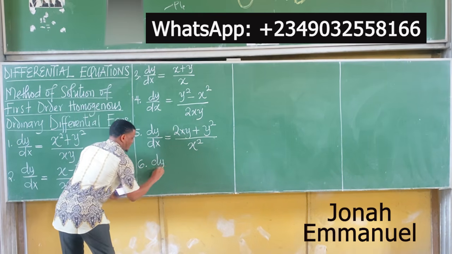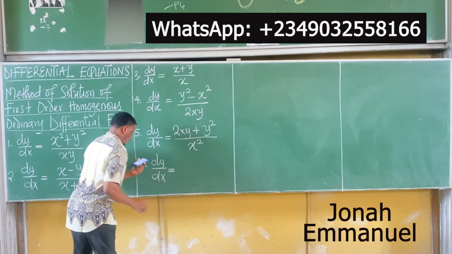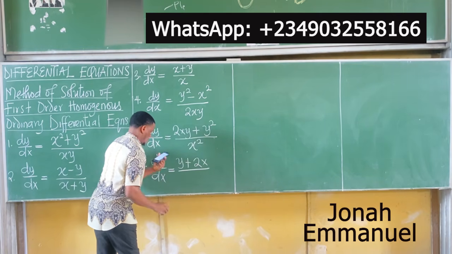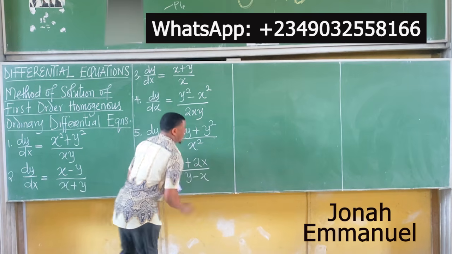Next, we have dy/dx being equal to y plus 2x all over y minus x.